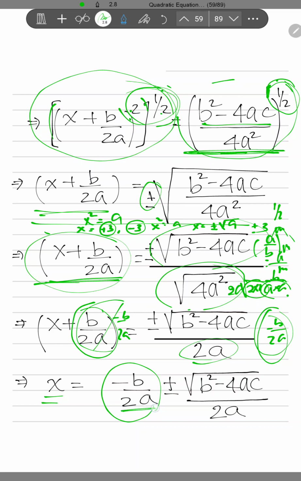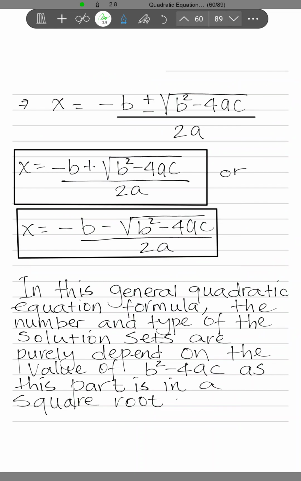We can notice here also that we have the same denominator, so we can put a common denominator for both minus b and square root of b squared minus 4ac. That looks like x is equal to minus b plus or minus square root of b squared minus 4ac over 2a.